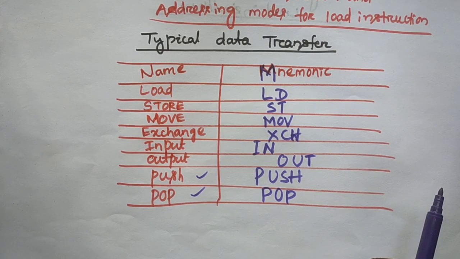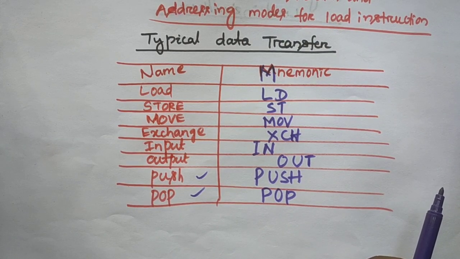Just remember how data transfers from one component to another, like from processor register to memory or memory to processor register. Move instructions are used in computers to transfer data from one CPU register to another, between CPU register and memory, between memory and memory, or register to register.